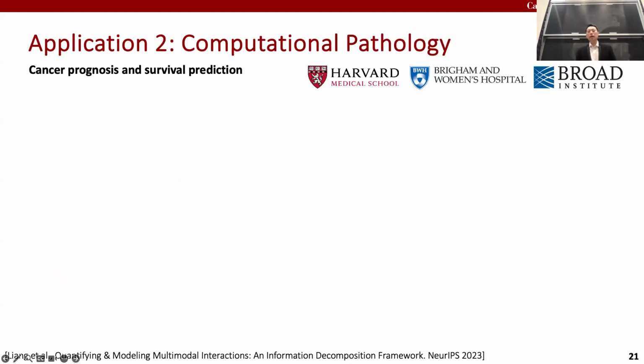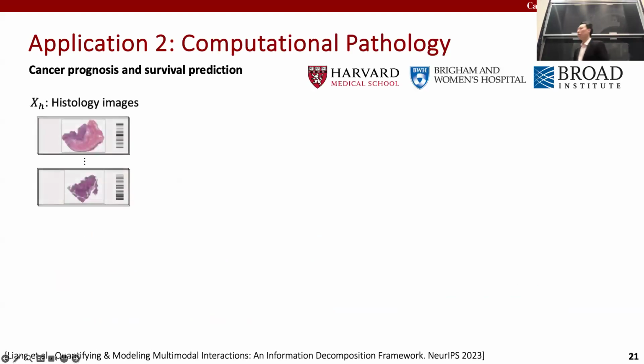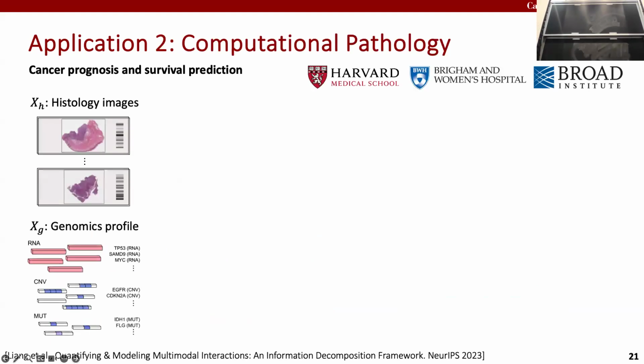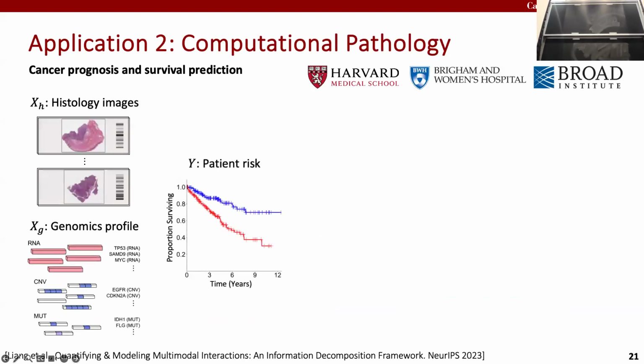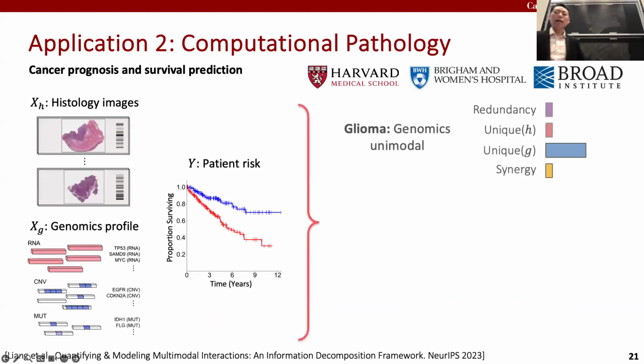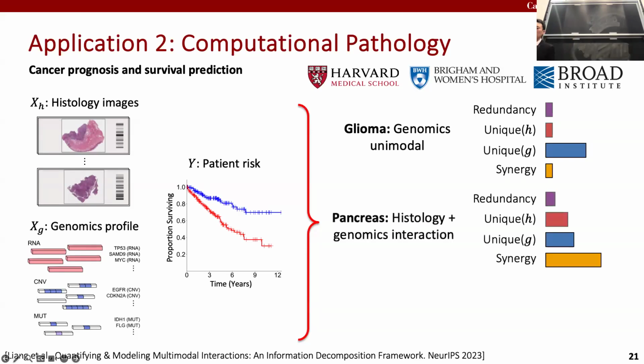A second example I want to highlight was in pathology, where we've been looking at medical images. These are microscopic images of tumor cells and also genomics data. By looking at these together, we can make better predictions on the risk of these patients. And we find that for different cancers, different interactions are actually more important. For glioma, for example, this type of brain cancer, a lot of unique information in genomics was important. On the other hand, for pancreatic cancer, there was a lot of synergy.